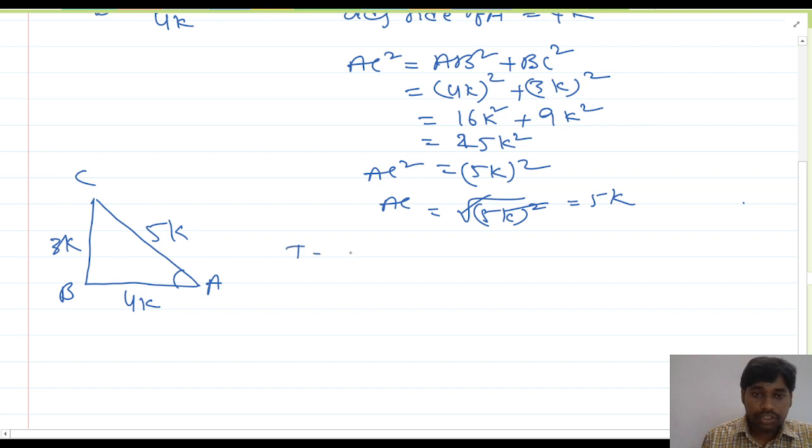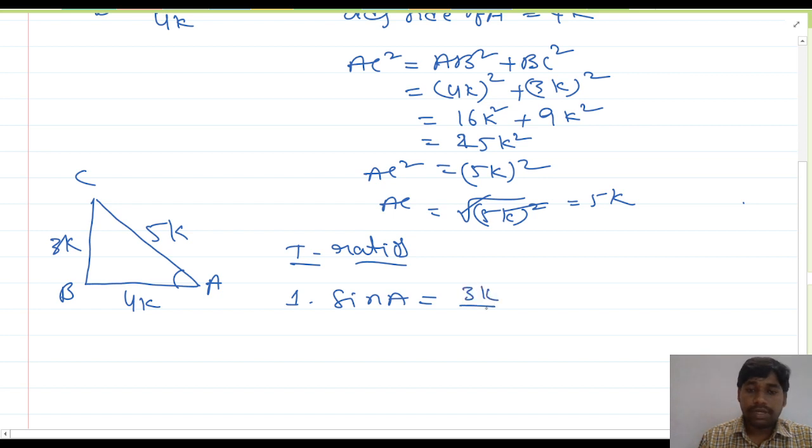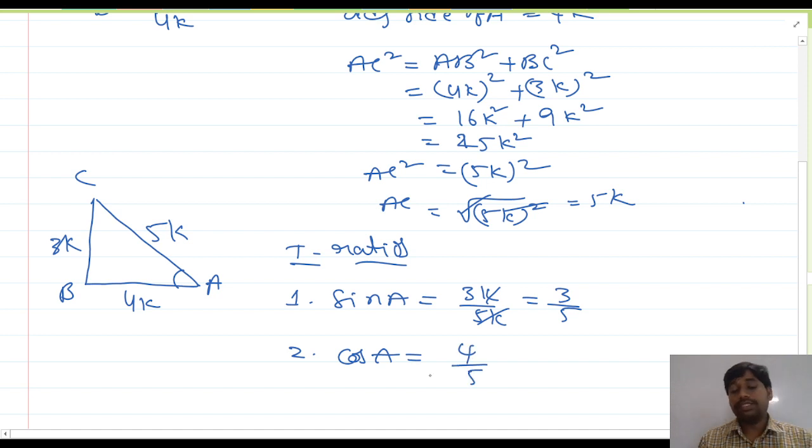The first one is sin A. Sin A is opposite by hypotenuse, 3k by 5k. Anyway, k gets cancelled, so 3 by 5. Second, cos A. I am writing directly now: 4 by 5, adjacent upon hypotenuse.